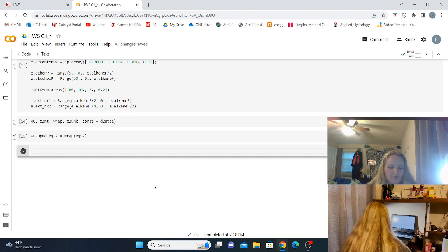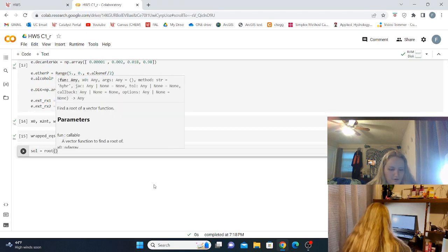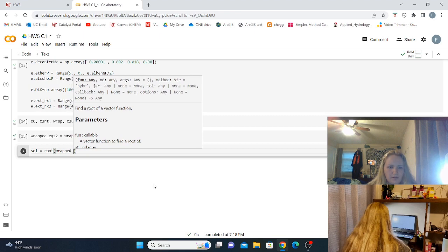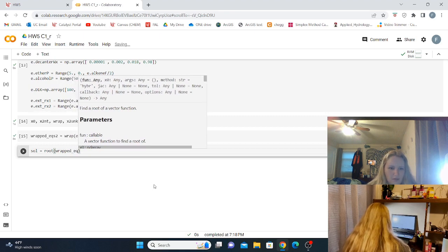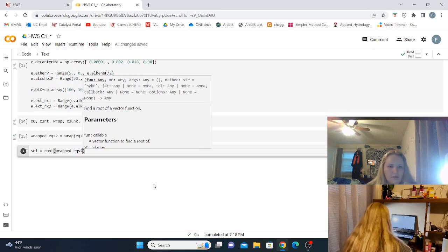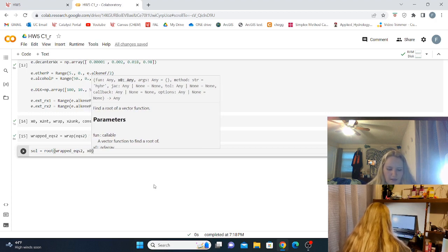So for a root function, let's have our solution be equal to root of our wrapped equation EQS2, and then we just need our x naught, and now we need to put in our Jacobian.